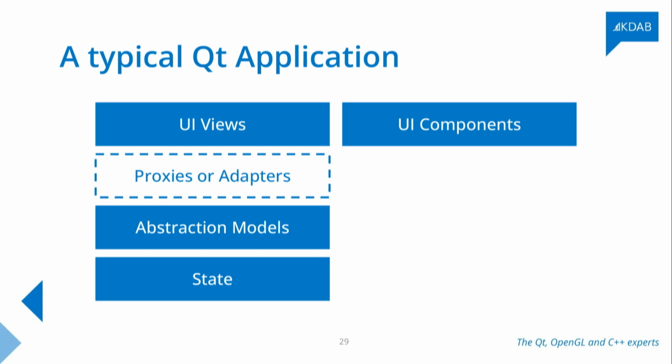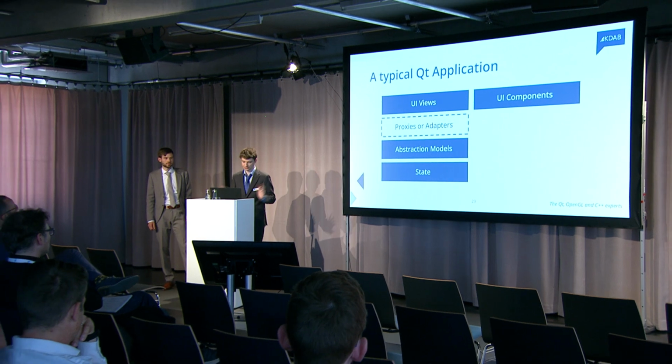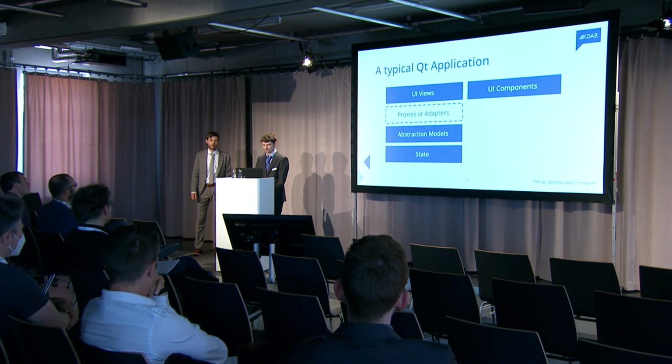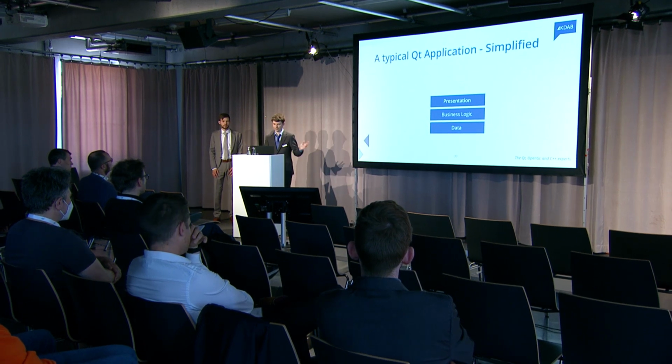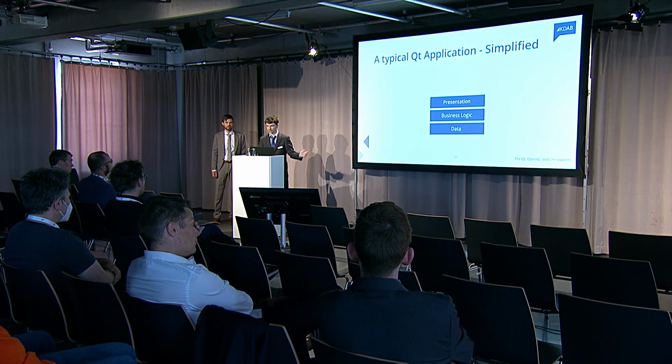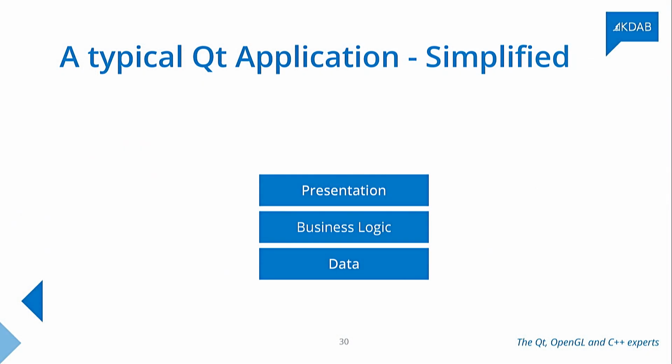And then you have some views and maybe some shared components, and that might be widgets or QML or whatever. These layers we can simplify a little bit. So we have a presentation layer, we have some business logic, and we have some data at the bottom doing something. So which of these layers would we be good for?